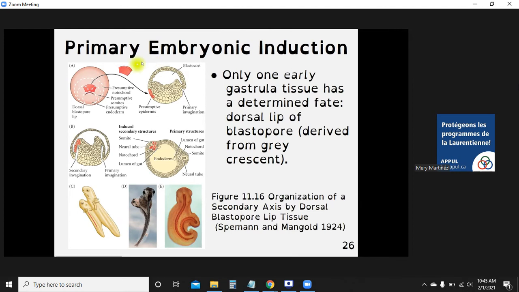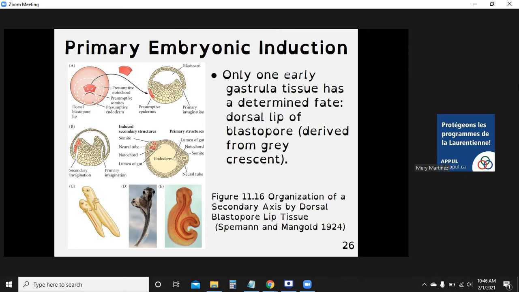So here, this is where it was implanted. Later on, we see that we have a secondary invagination axis. So we're going to have two belly-tied individuals. This is what we have in C. So we have two conjoined embryos that form instead of one. The donor tissue invaginated, forming a second archenteron.